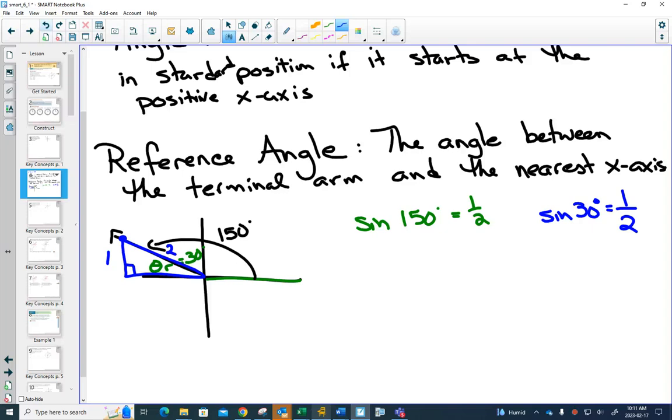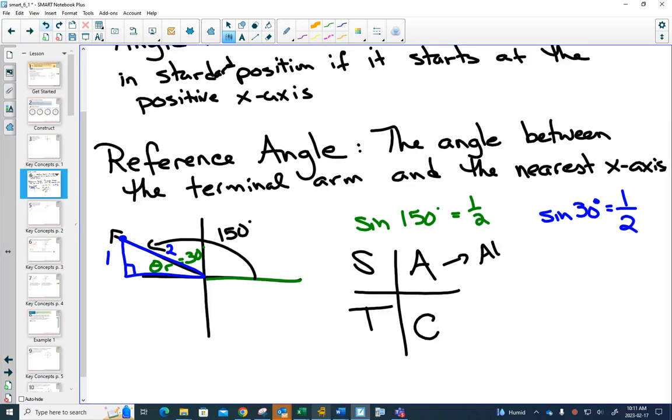And another thing that you learned in grade 11 was the CAST rule. The CAST rule is just an acronym to help you remember where things are positive. The A stands for all of them are positive. That's sine of 30 degrees, cos of 30 degrees, tan of 30 degrees. Type them all into your calculator. They will all give you positive values.